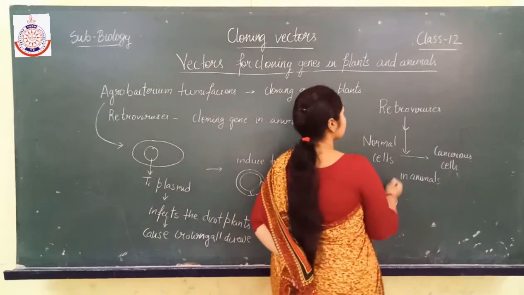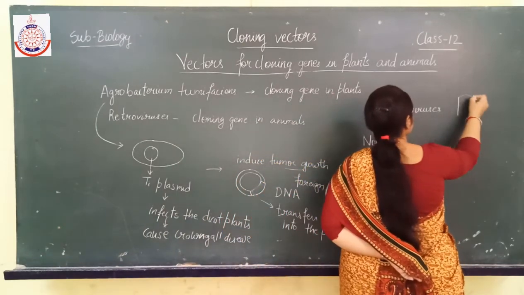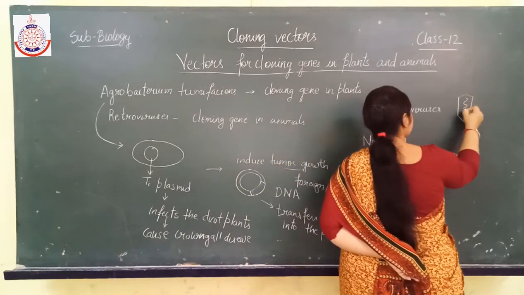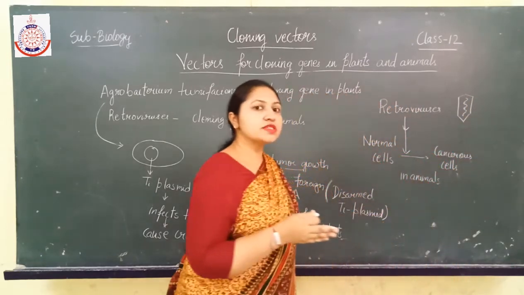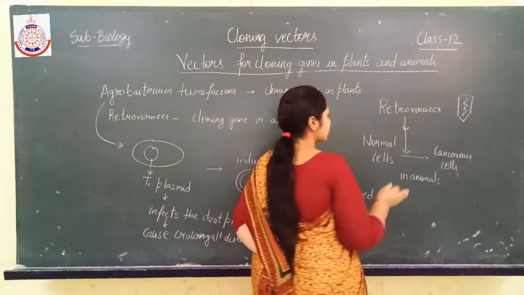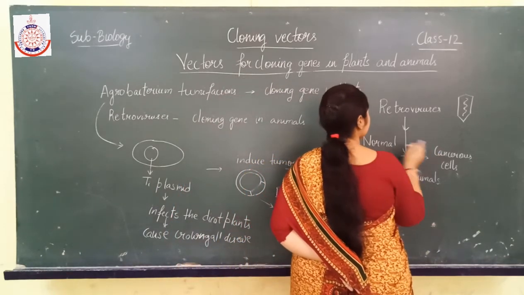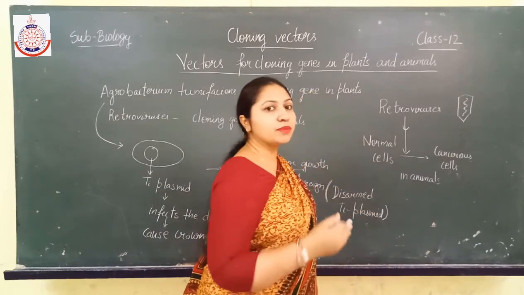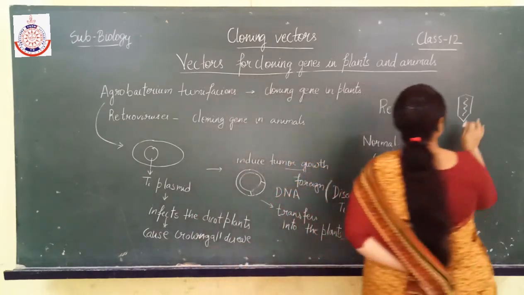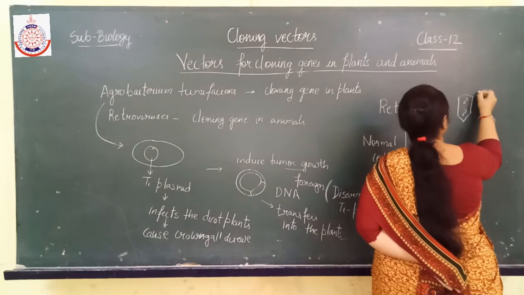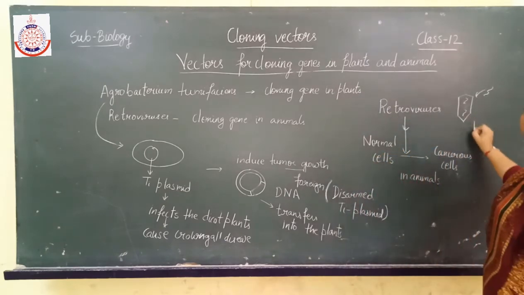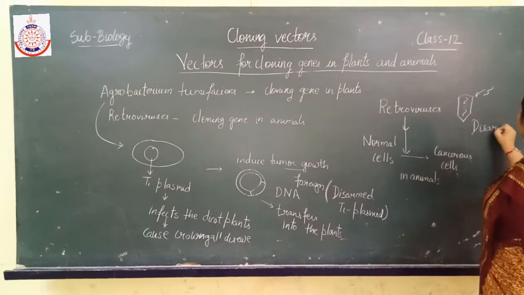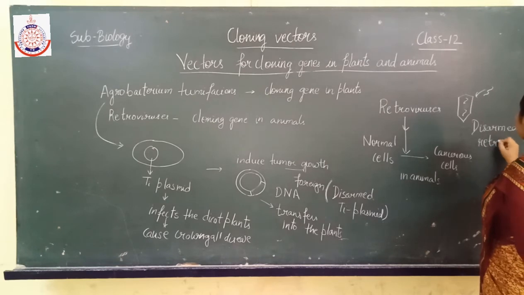Now in this case also, for the retroviruses having the DNA, if the DNA part which is responsible for converting the normal cells into the cancerous cells is removed, and in place of that part foreign DNA is introduced, now it also becomes a disarmed retrovirus.